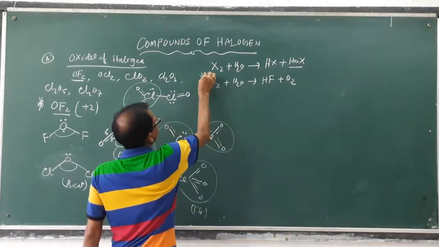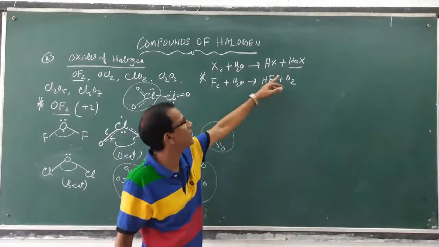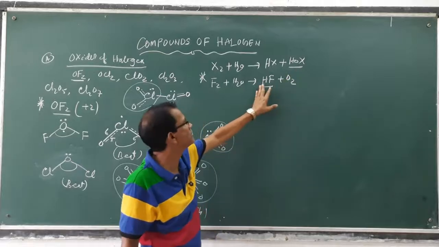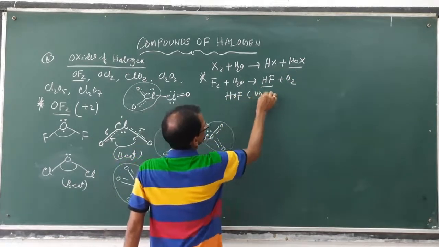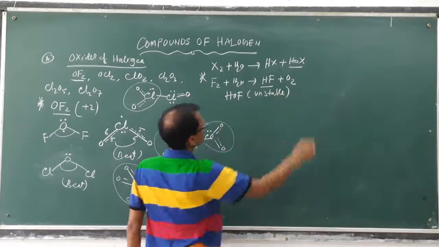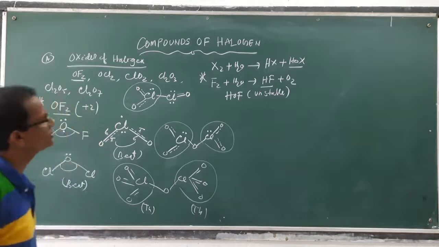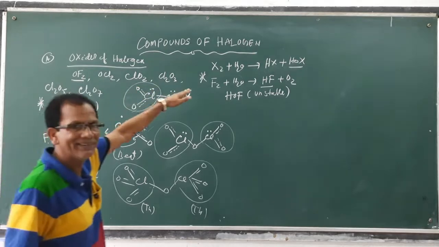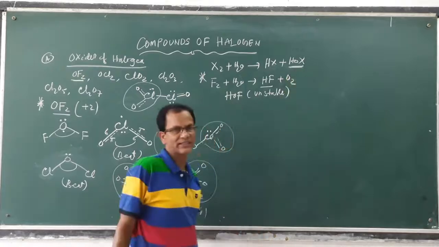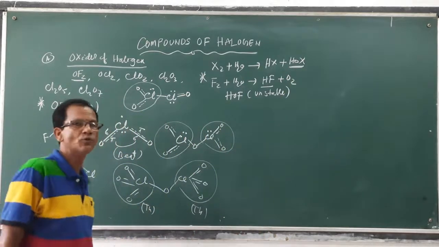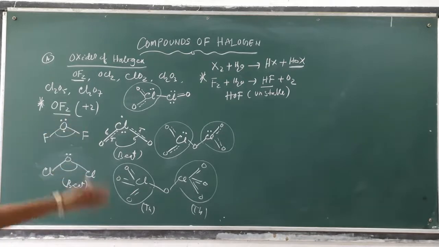Fluorine with water produces HF and oxygen, but it cannot produce hypofluorous acid because HOF is unstable, so it dissociates to produce HF and oxygen. But in all other cases, chlorine, bromine and iodine always produce HOX: HOCl, HOBr, HOI. This is regarding hypohalous acid.